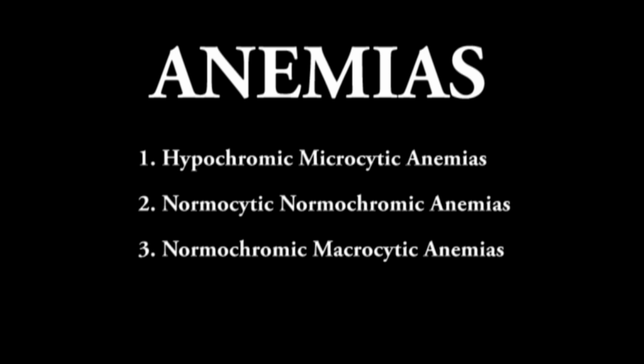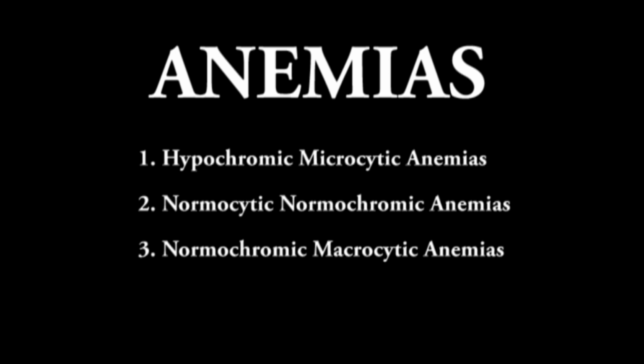So anemias that are hypochromic signify a problem in hemoglobin synthesis. And so it shouldn't be so much of a surprise that the association between hypochromia and microcytic iron deficiency anemia is very strong. It turns out that 90% of the people diagnosed with hypochromia tend to also be iron deficient.